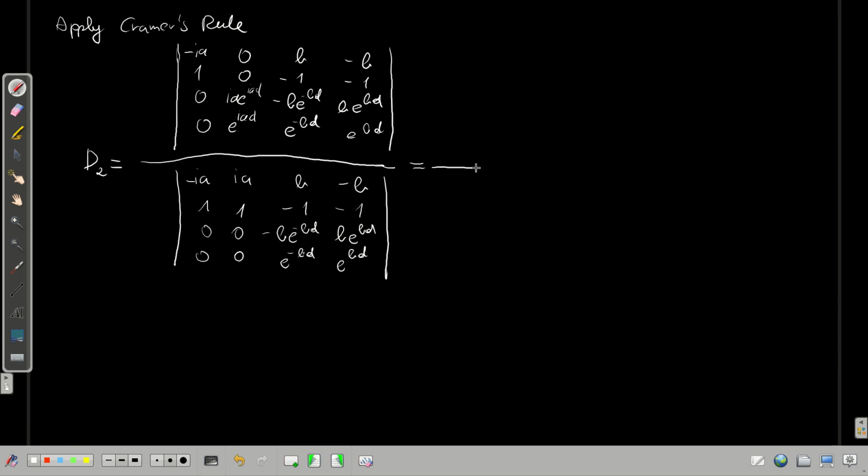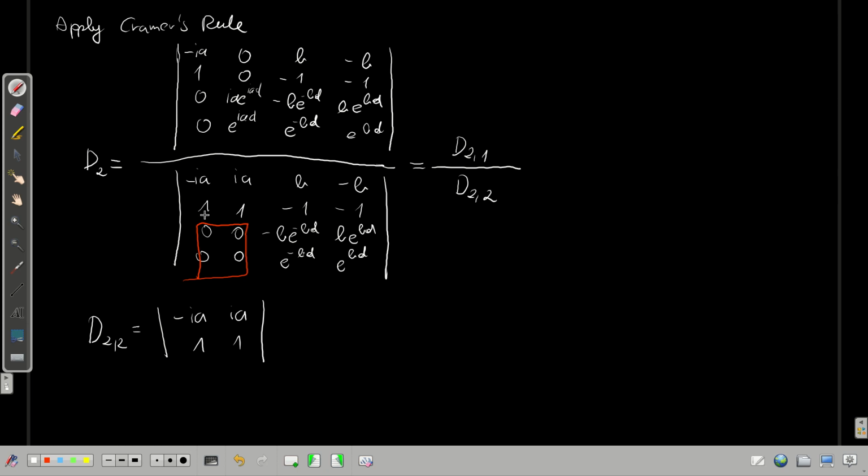Now we can define this with a different, or let's specify some symbols for the different determinants. So this would be D21 and D22. So D22 is actually easy to calculate because the entries here are 0. Therefore, from linear algebra, it follows that D22 equals the determinant of minus IA, 1, 1.